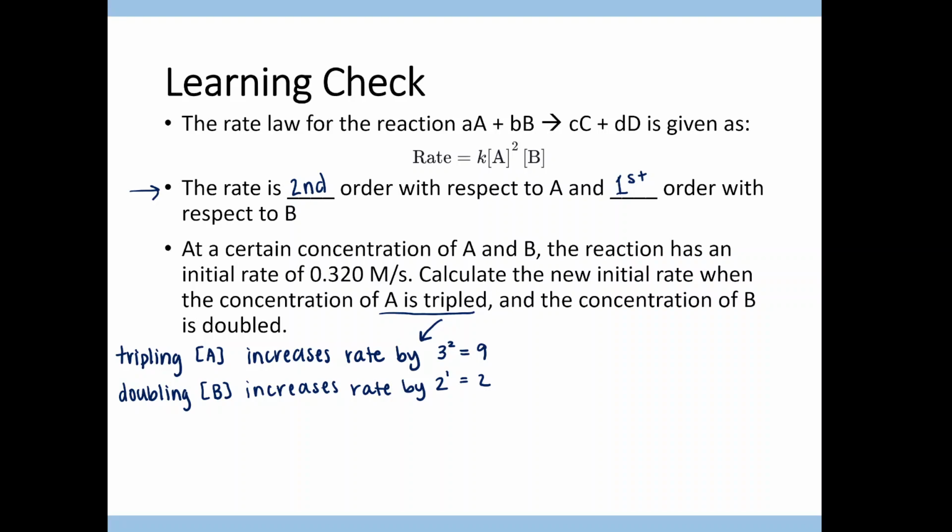We multiply A and B together, so the overall reaction rate increases by a factor of 9 times 2, which is 18.